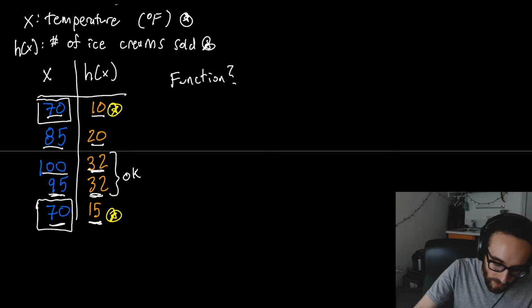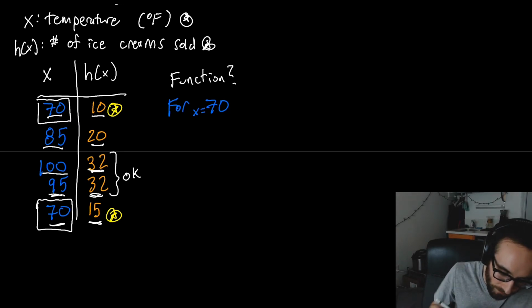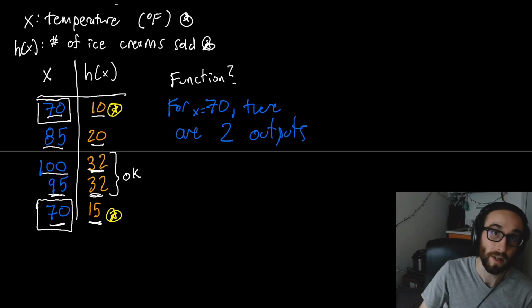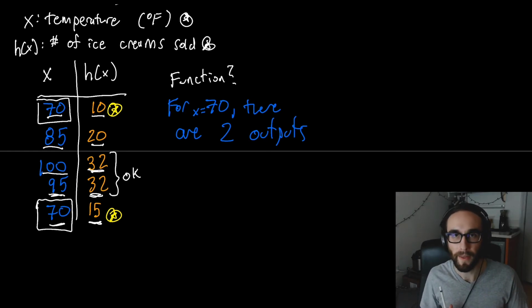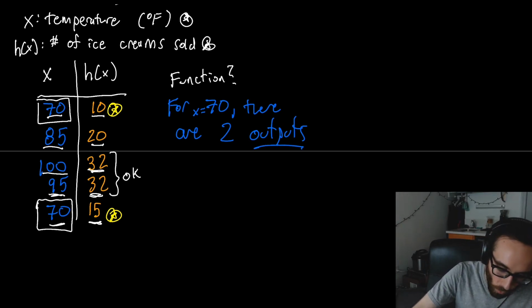So one thing to notice is for 70, in other words, x equals 70, there are two outputs associated with 70. So if I asked you, it was 70 degrees on a day, how many ice cream cones did you sell that day? There are two different ways that you could answer it. And unfortunately here, this means that we don't have a function. There are two outputs for one input.